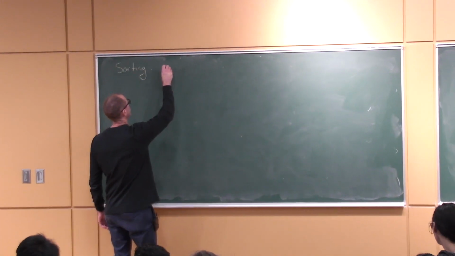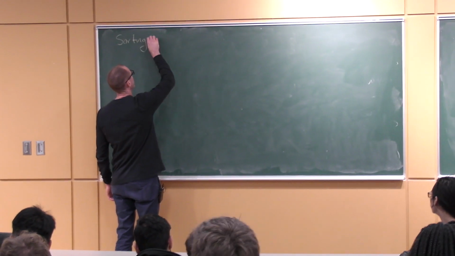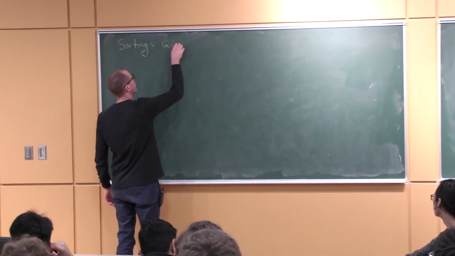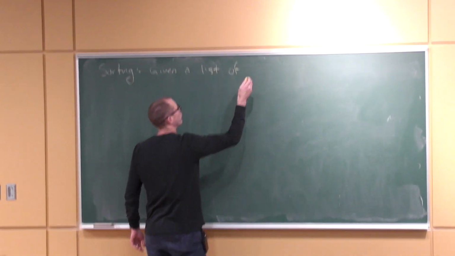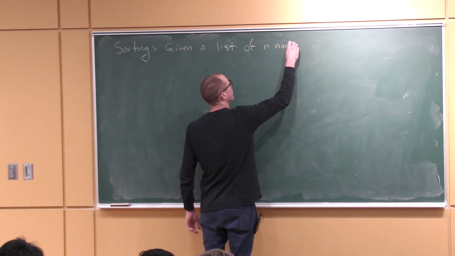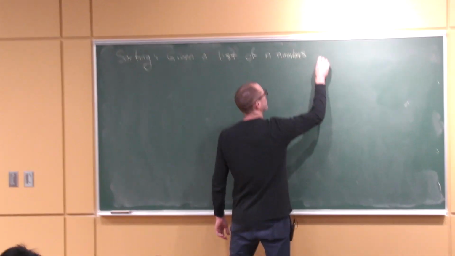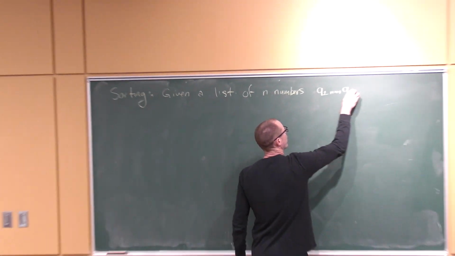So what you want to do is you're given a list of n numbers. Let's call them A1 through AN.